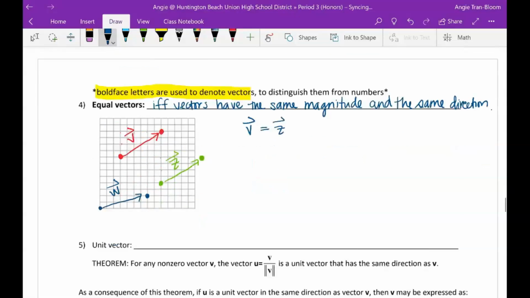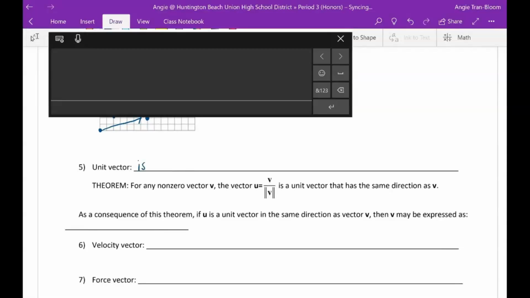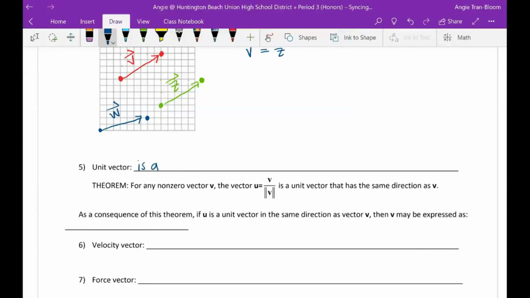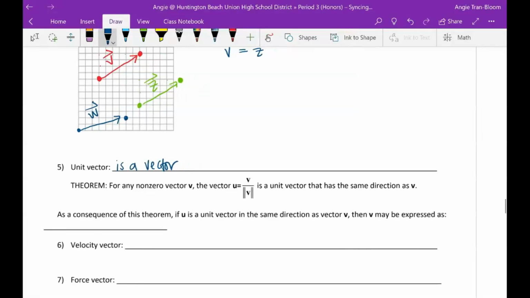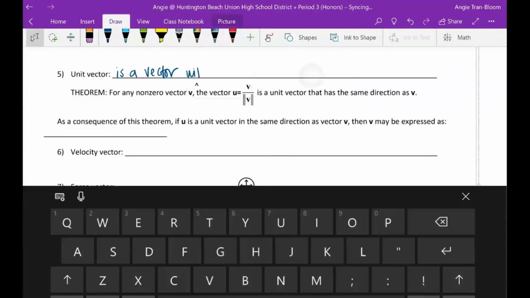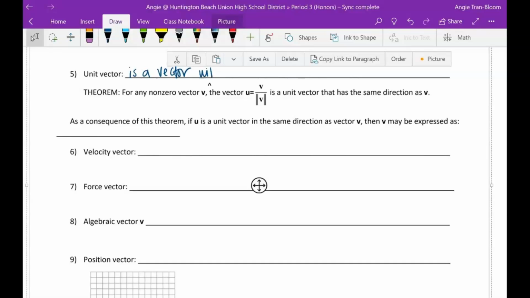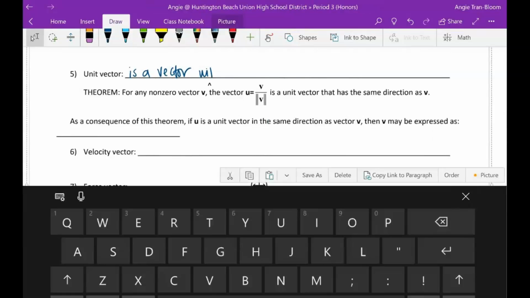All right, next, 5. Unit vector is a vector. What is this doing? Oh my gosh, what is it trying to do?